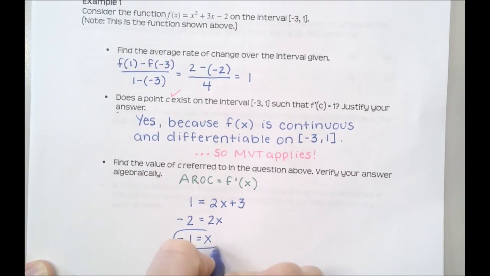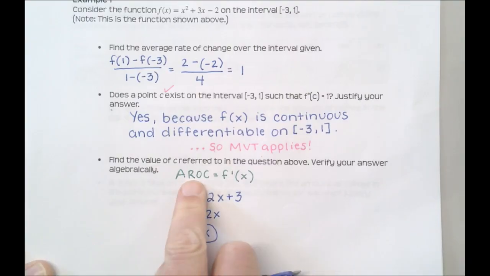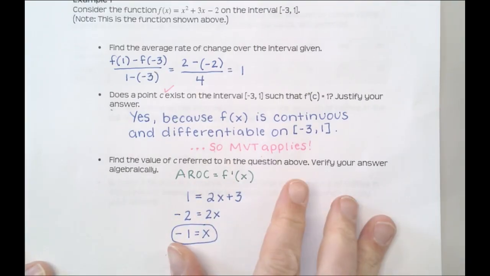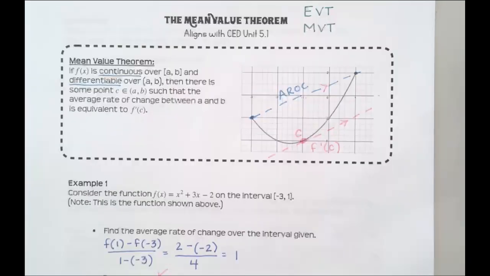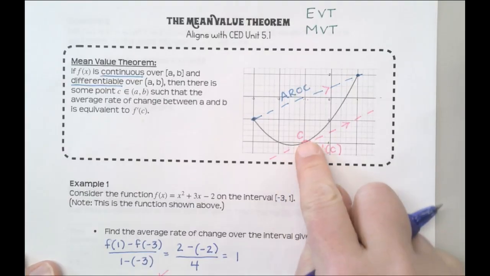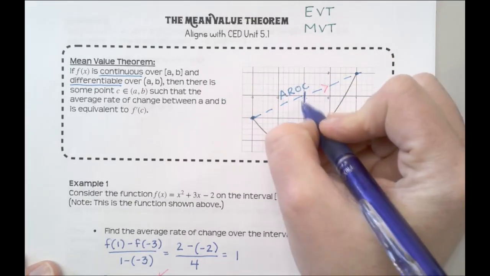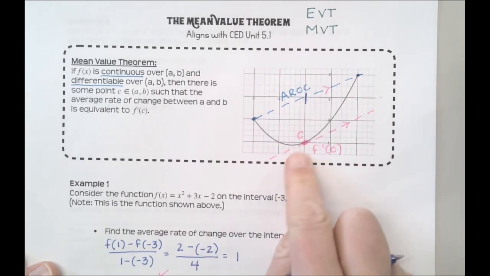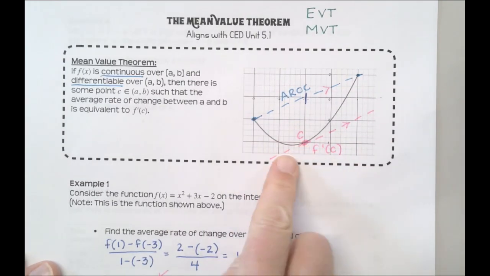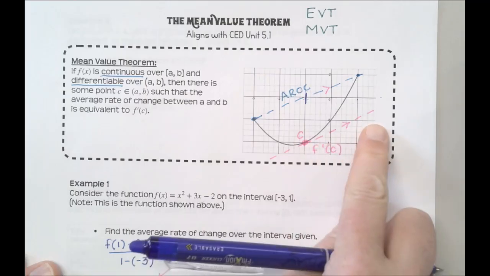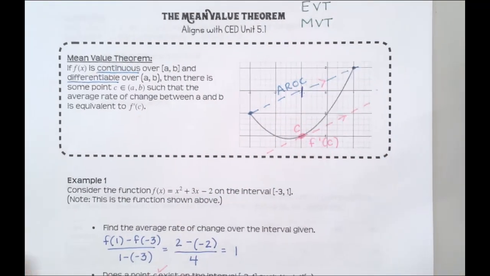So this is the place where the average rate of change is equal to the derivative. Let's look back at our graph here a second. See that pink line we drew? This is at x equals negative 1. Here's 0, here's negative 1. So we were correct in our placement of this line, that at this point, the derivative is exactly equal to that average rate of change.